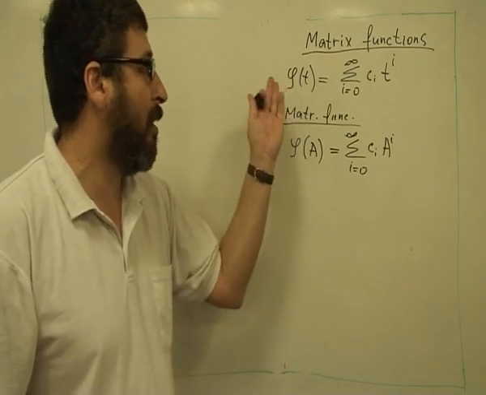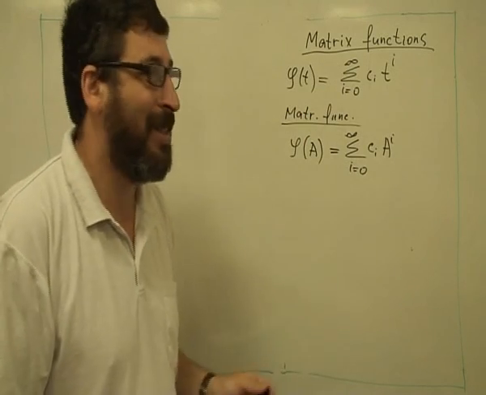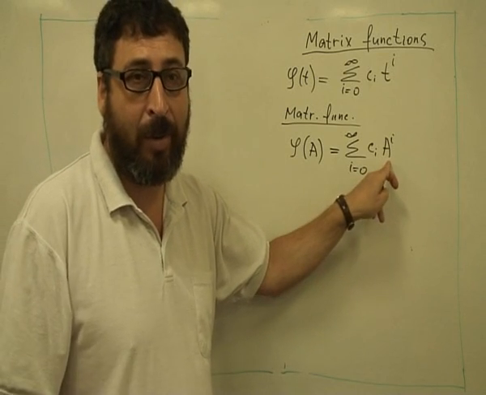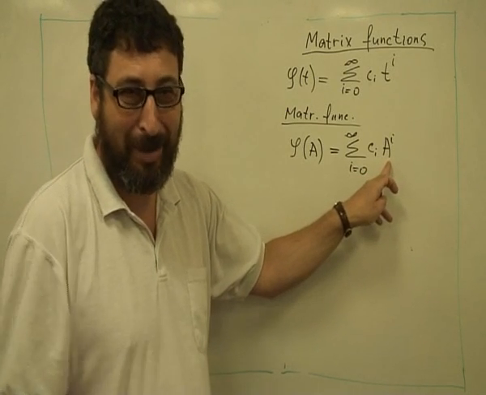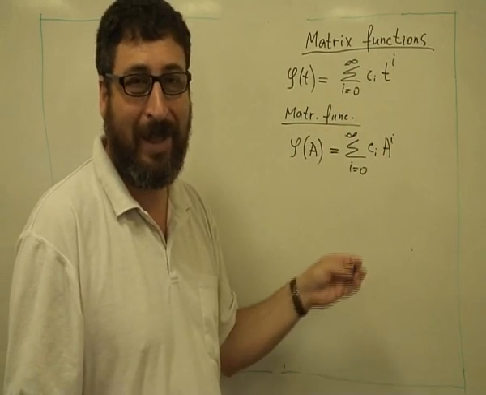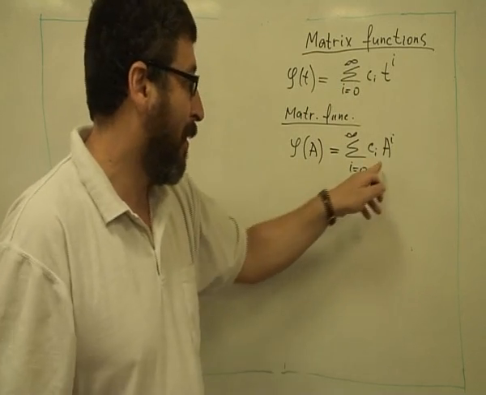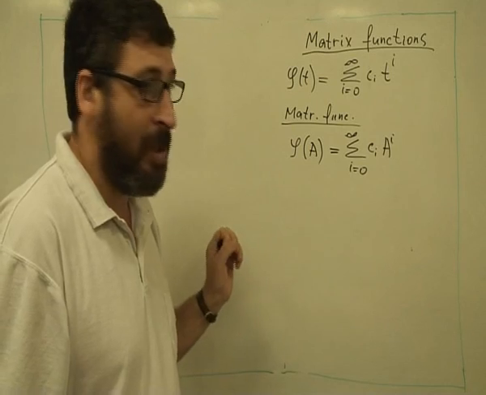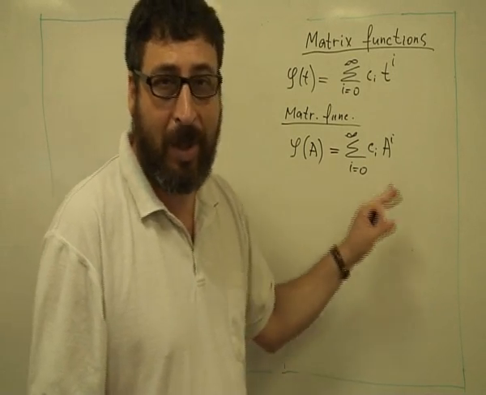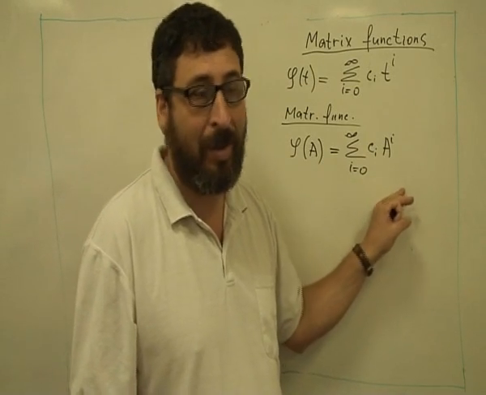One can use the same principles to define, say, the sine of a matrix and so on. But this computation is still heavy because you need to multiply matrices, which costs m cubed complexity, where m is the size of the matrix. But if one knows how to do eigenvalue decomposition of a matrix, this computation becomes much easier.